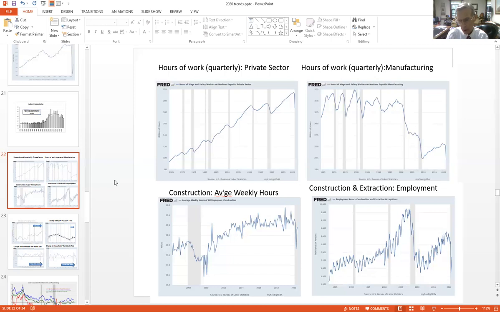The chart on the right includes construction and extraction, and really it's a chart of what's going on in the petroleum drilling and mining industries. And as you can see, because the demand for travel, for air travel, for people to drive to work, they're not driving to work, they're staying at home.